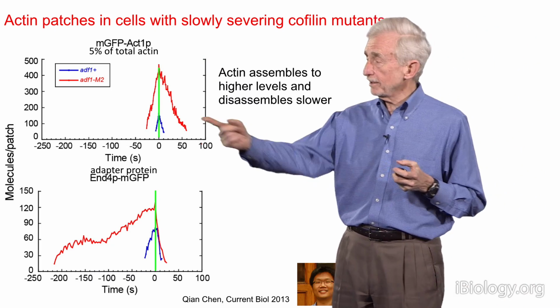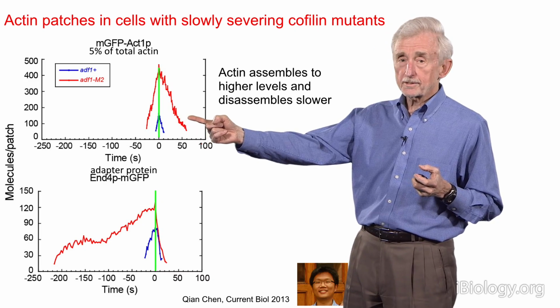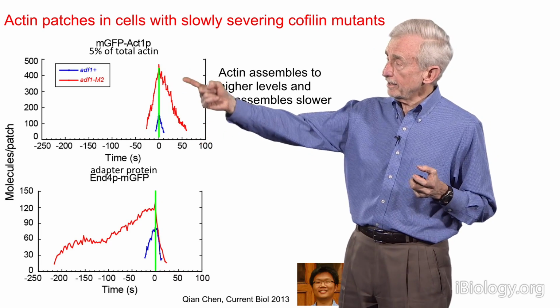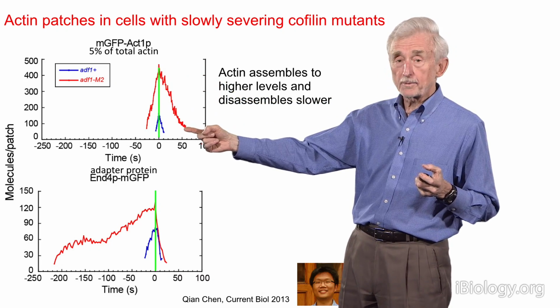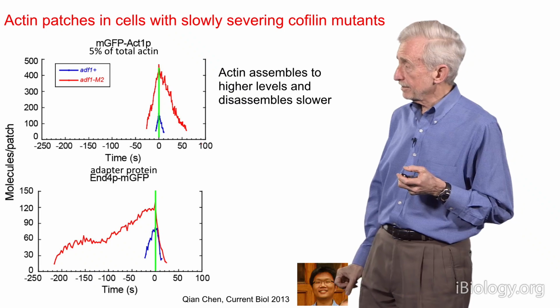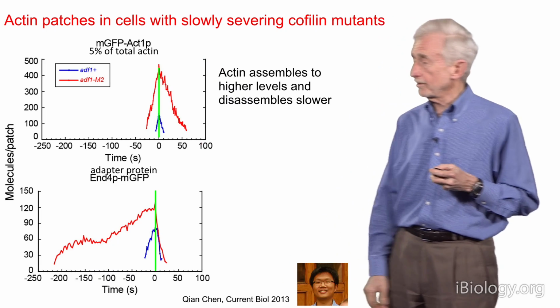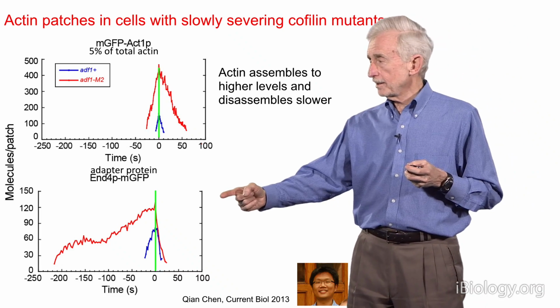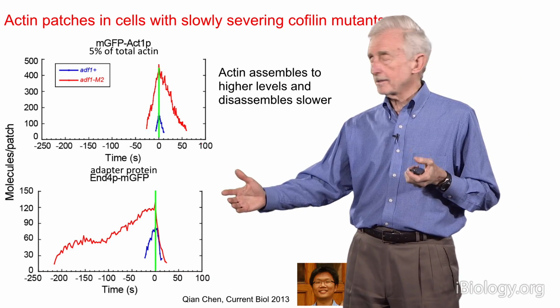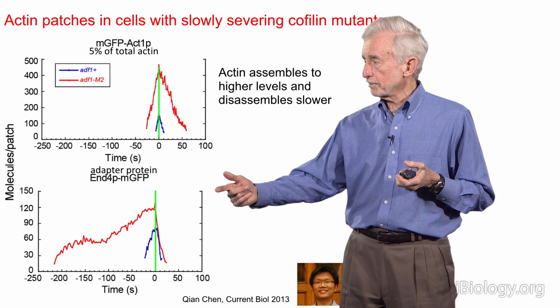That's in a wild-type cell. In a mutant cell with this slowly severing cofilin, the actin accumulates to much higher levels and disappears over a much longer period of time, as we expected for the important role of cofilin. But here's the big surprise at the bottom, and that is looking at one of the adapter proteins that's involved in the early stages of this process.